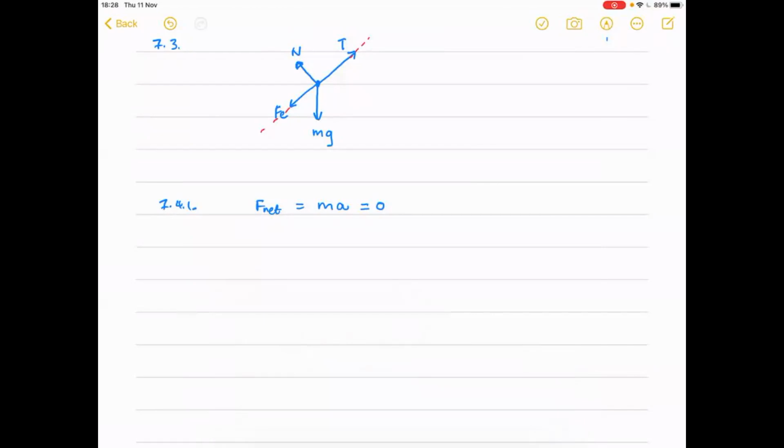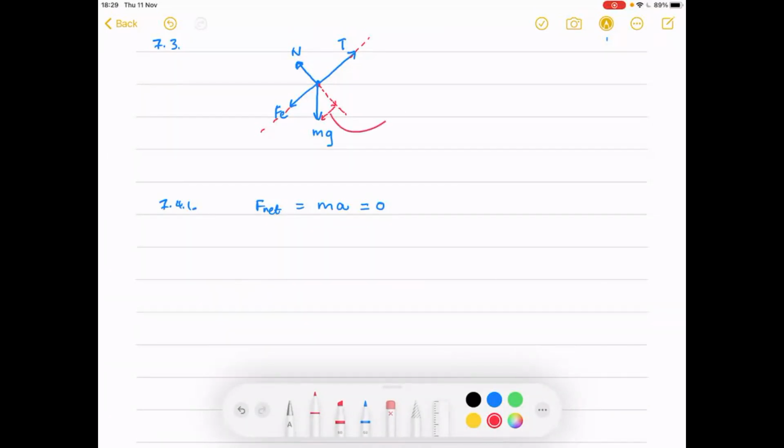Okay, so if we are looking now, we're trying to find the tension. Let me just do this because I'm sure you know it, but we will now have to get the components of the weight. So one will be perpendicular to the surface and the other will be parallel. Okay, so the one we're going to be interested in is that component, the mg sine of 25 degrees.